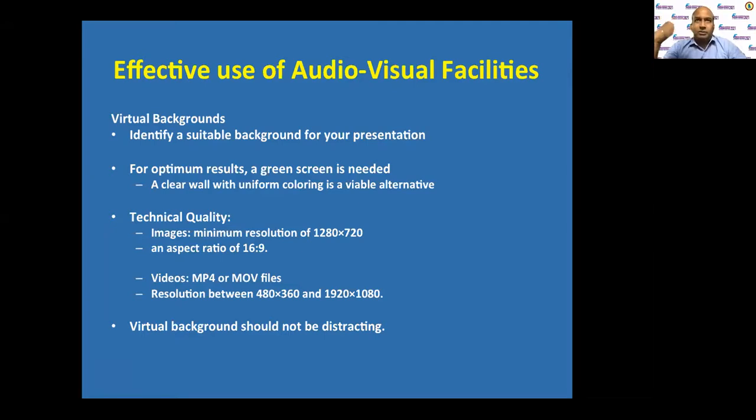Now I am sitting in front of a window, and therefore the light comes directly to my face. If I'm not getting this, then of course you have to have a light source in front of you. And when you have a light source in front of you, you get illuminated, and thereby your background and you can be contrasted, right? So that is the same thing that you do with the green screen as well.